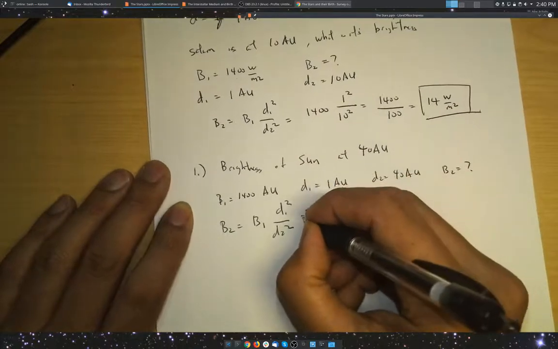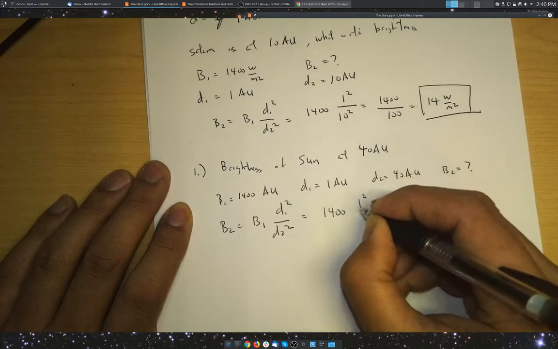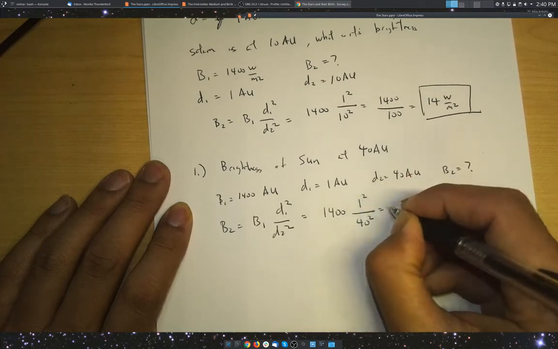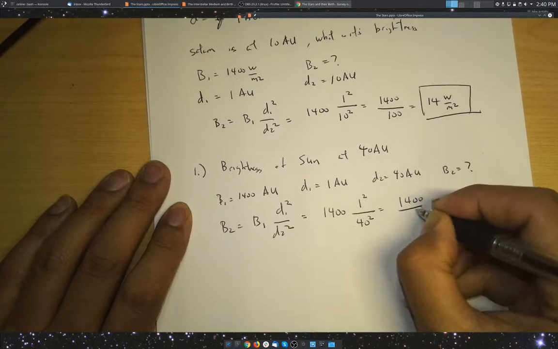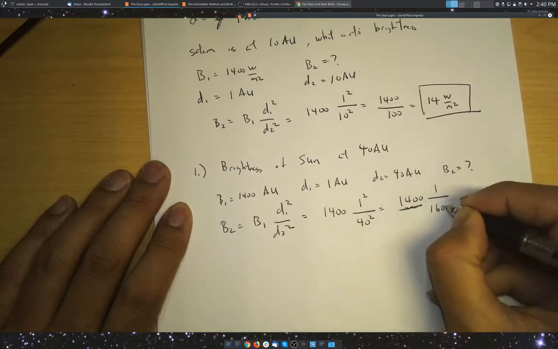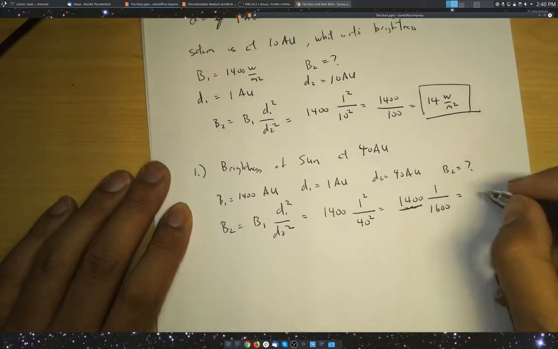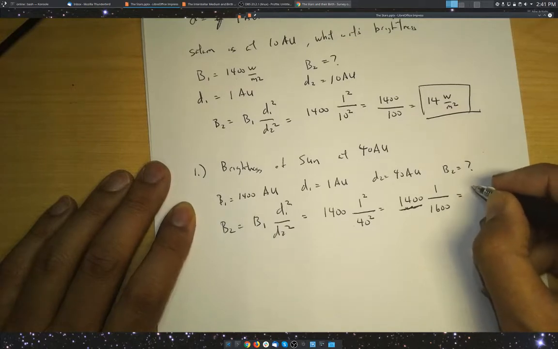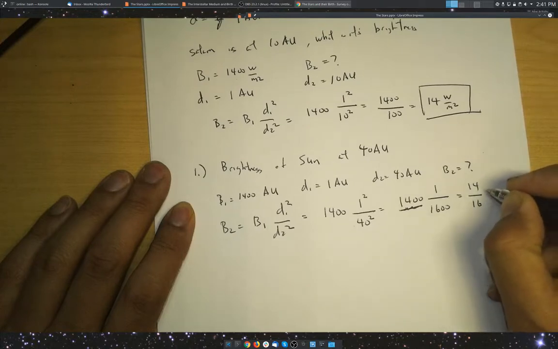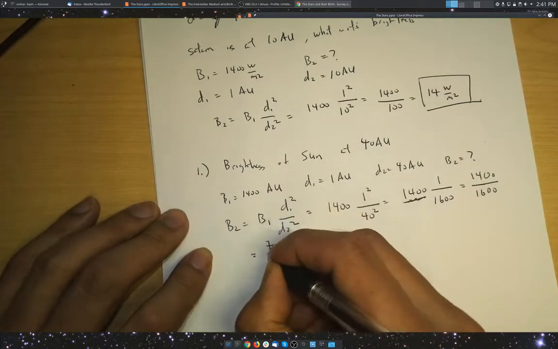Okay, so let's plug everything in. This is 1400. D1 is 1 squared divided by 40 squared. This is 1400 divided by 1600. So what is this thing? This is 14 over 16 essentially, which, if you run that calculation through, is 7/8.